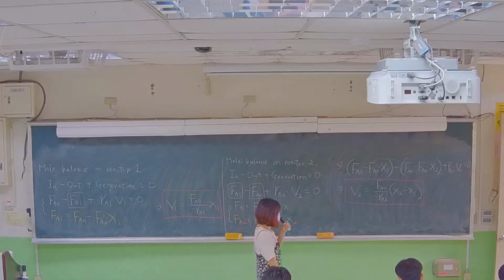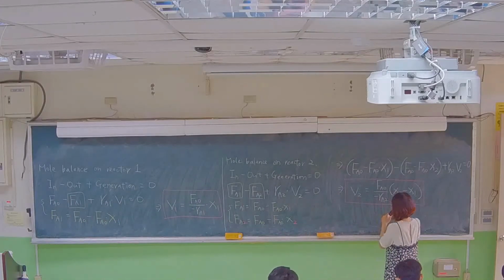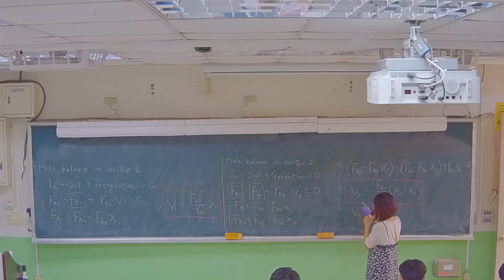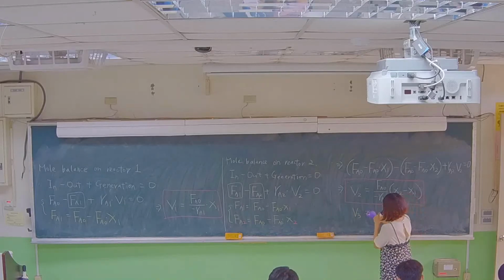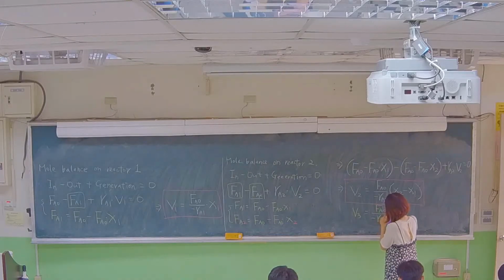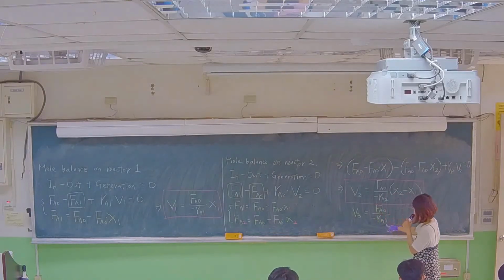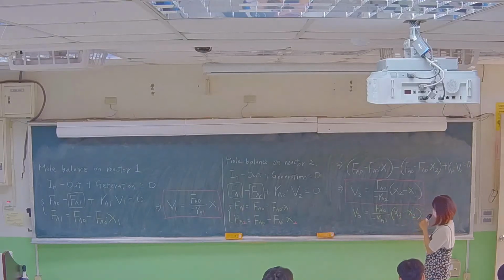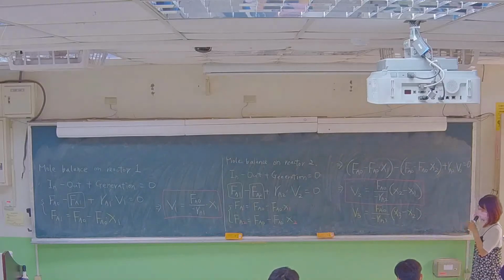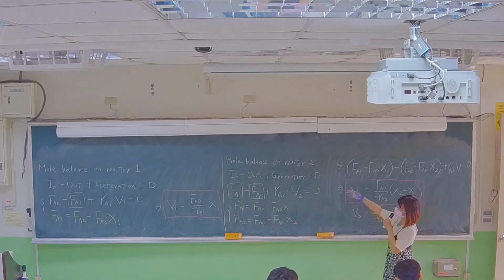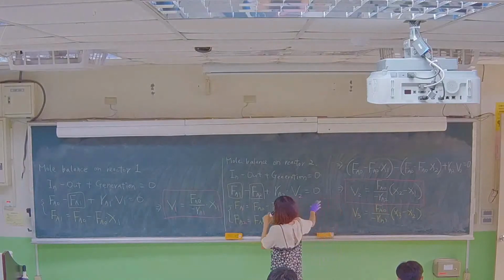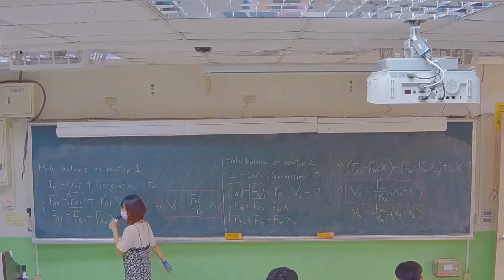So if you just do the same thing, you may know the volume for reactor 3 is like minus RA3, X3, X2. Okay? You can just copy, do the same thing. Because the process is the same.